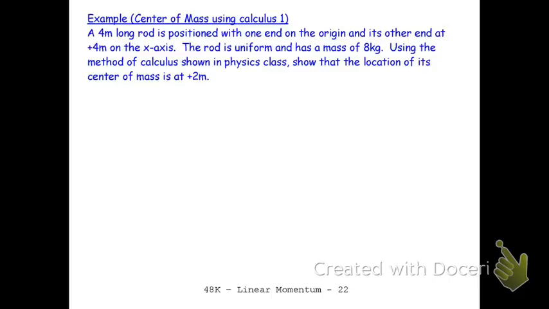Yeah. So this is center of mass using calculus, and there's two versions of this. I'm going to show you this one because it helps you with the next one. Okay. So there's a rod, a 4 meter long rod.